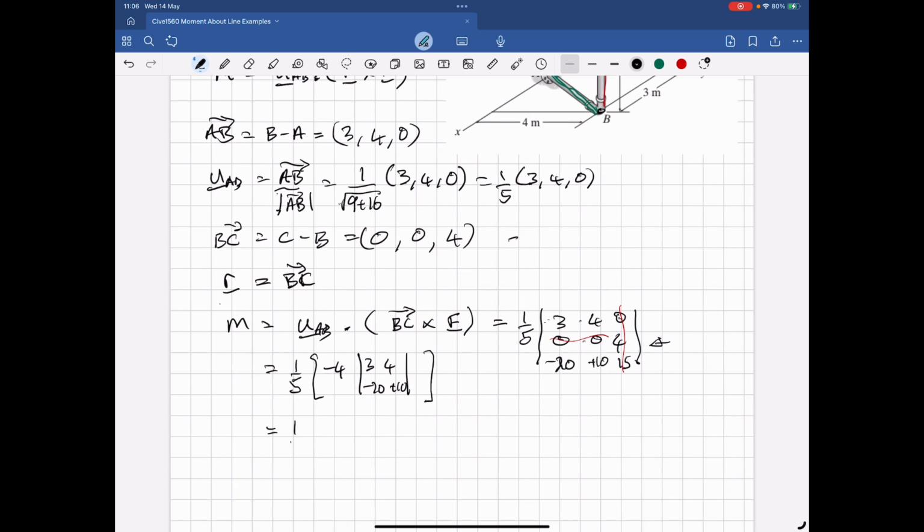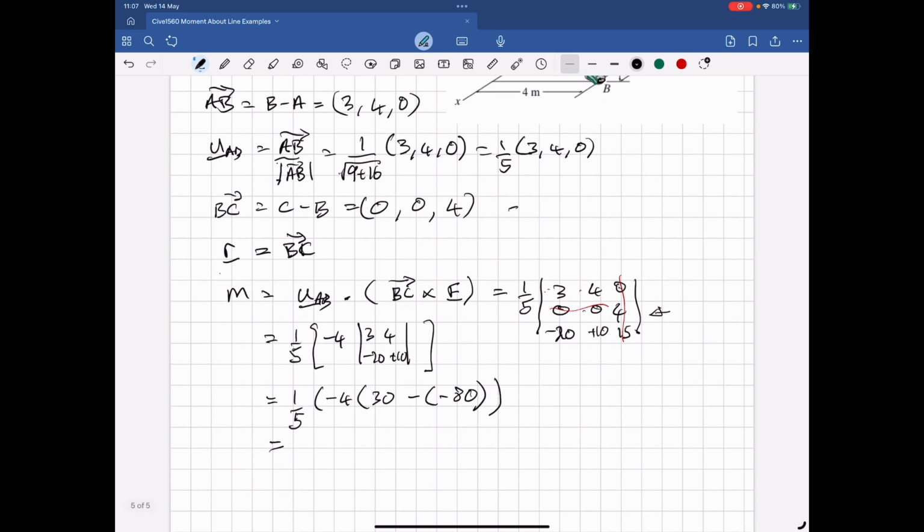So 1/5, moment is 1/5 of minus 4 times 30 minus 80, which comes out to be minus 88 Newton meters.